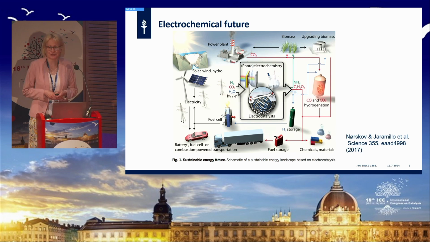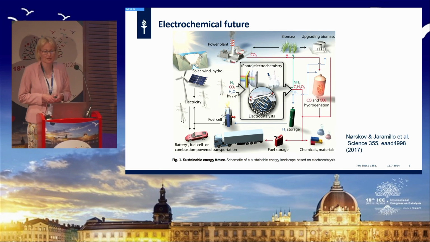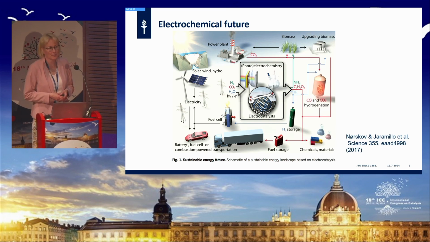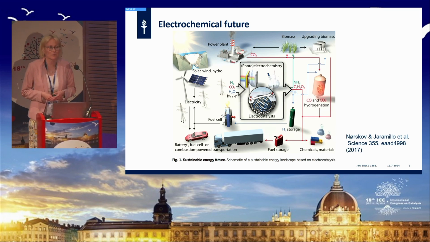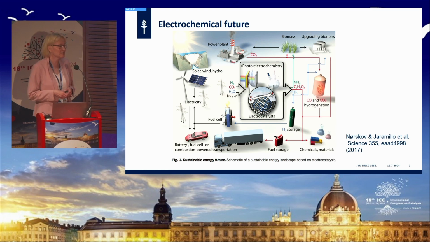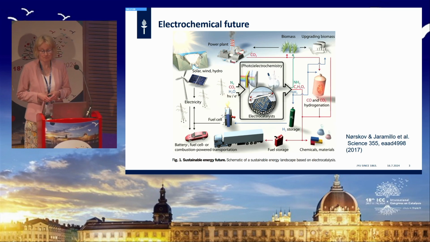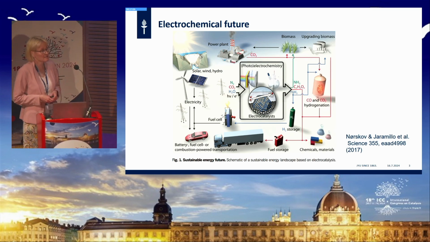This schematic picture from Nørskov and Jaramillo gives a nice overview of the potential sustainable ways to make the chemicals that we need in the future and today. So we basically need nitrogen, water, CO2, renewable energy, and then a catalyst.